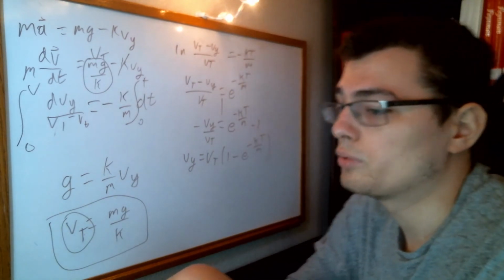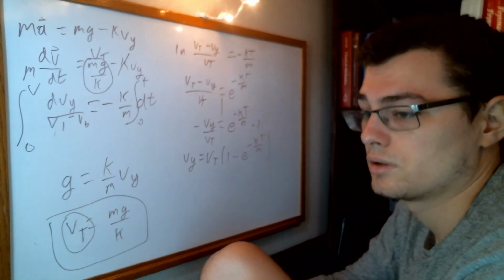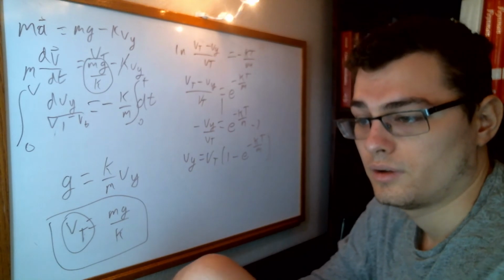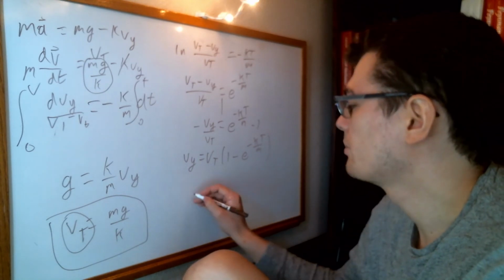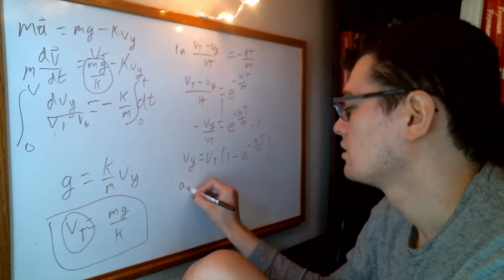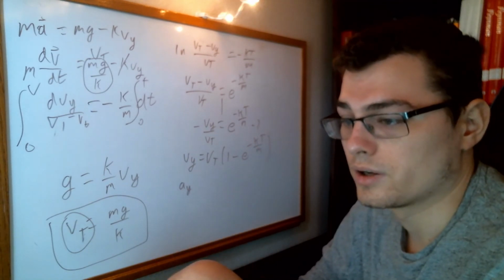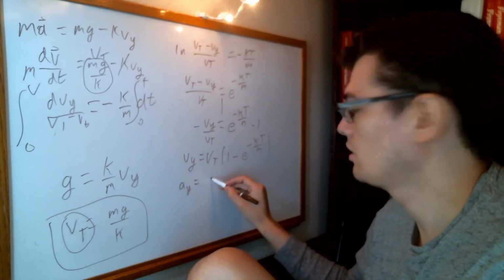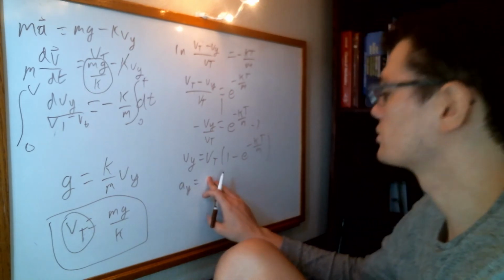So then what we can do here is we can also just take the derivative here and get back what Ay is. So taking the derivative here is going to yield, so let's just do this real quick.